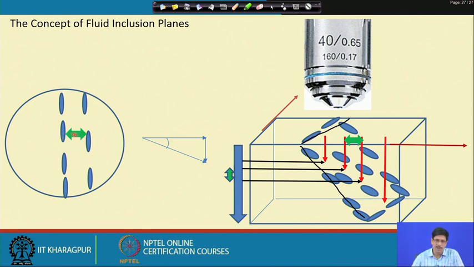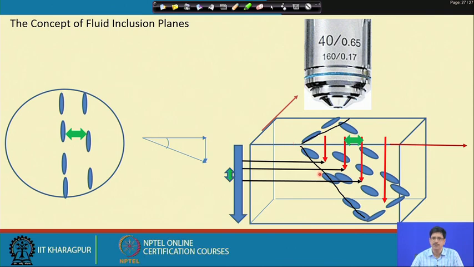Now, we know the amount of the movement in the horizontal direction, and if we have calibrated our microscope adjustment knob in a way that we know exactly what is the vertical movement that has taken place for this particular horizontal movement, then we can easily calculate the depth of this particular fluid inclusion plane. So, this looks simple, but definitely it needs a good amount of exercise, to measure or ascertain the fluid inclusion plane and exactly calculate its attitude.